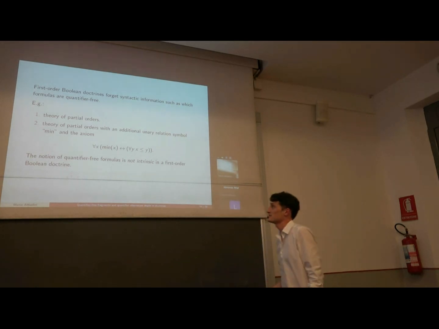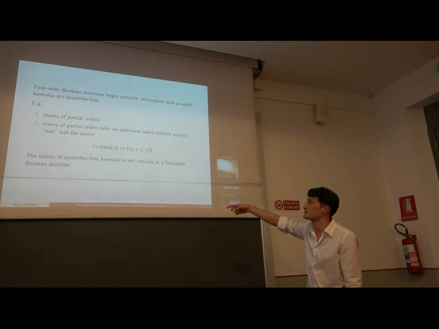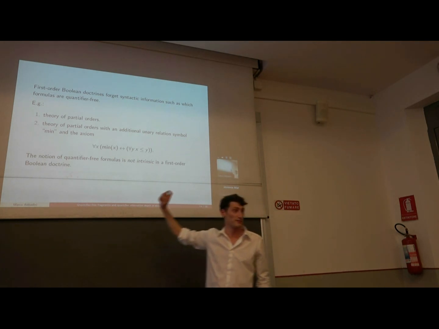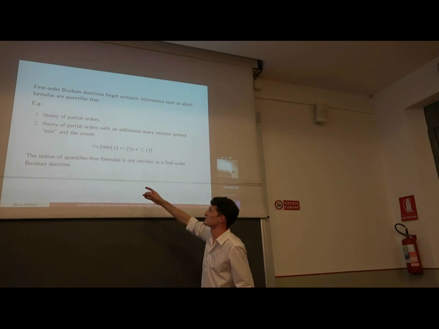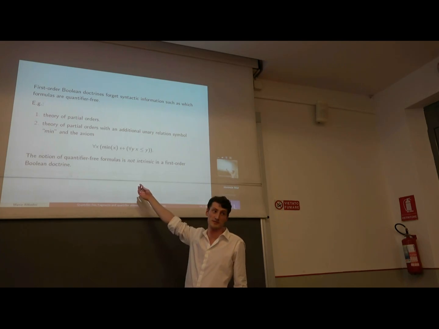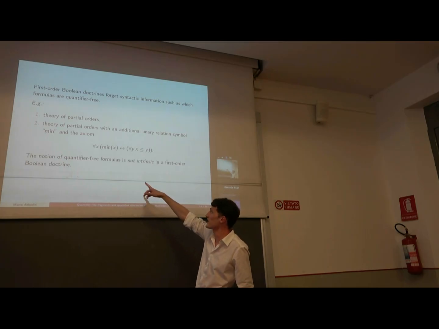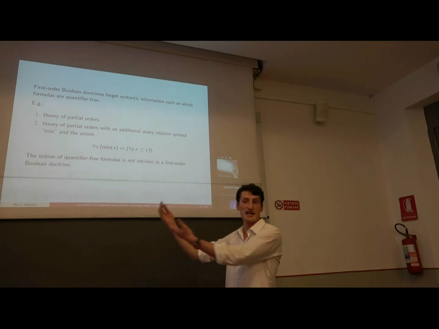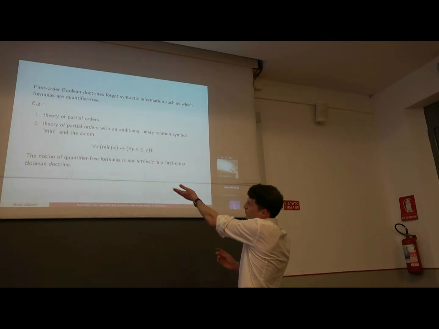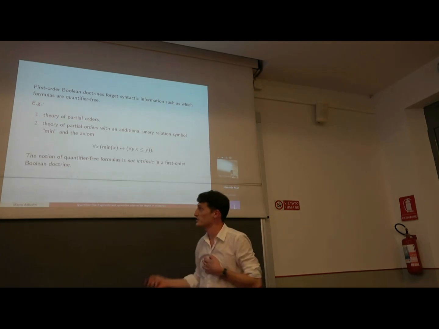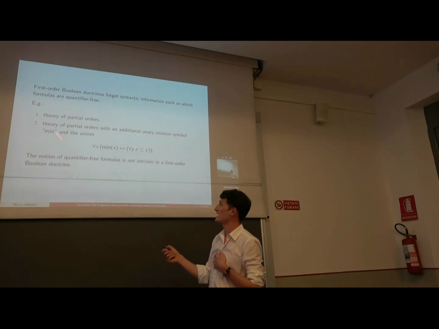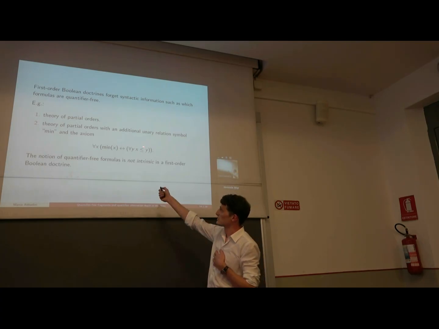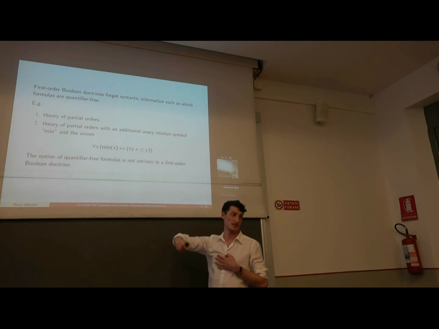Second case, take the theory of partial orders, but you add an additional unary relation symbol, min, together with the axioms that define essentially minimum. That says, for all x, min of x if and only if for all y, x is less than or equal to y. But this is saying, I have one additional relation symbol in my signature, but then this is definable by the language without that symbol.